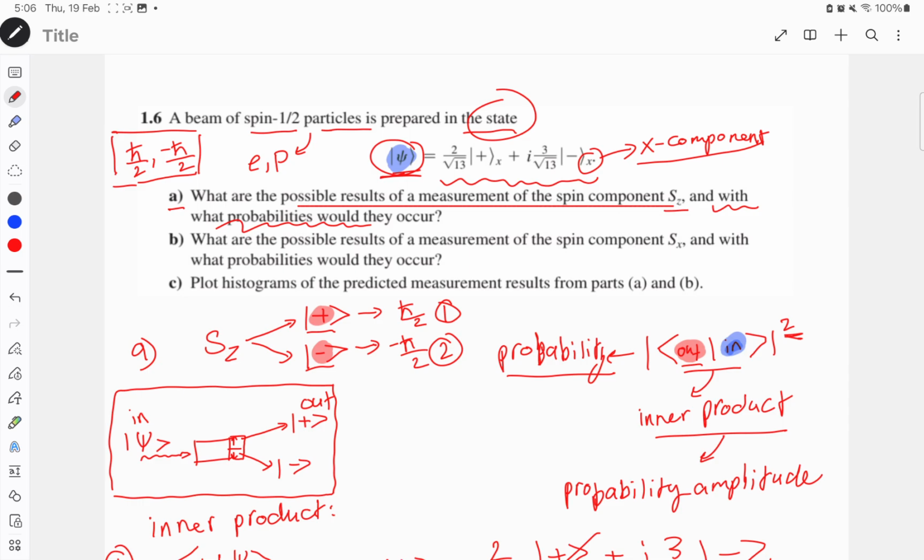The state is normalized. What does normalized mean? It means that its component probability of state 1 plus probability of state 2 will give us number 1.